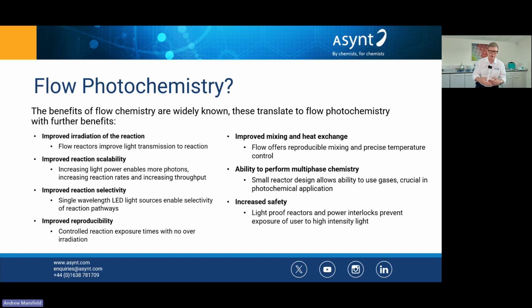So that can be really tricky, but flow reactors are typically smaller volumes, easy to pressurize. So that gives us access to photochemical applications like photooxygenations, for example, where we can add our reactive gases and illuminate them at the same time, irradiate them with our light source. And then safety comes into the whole question as well.